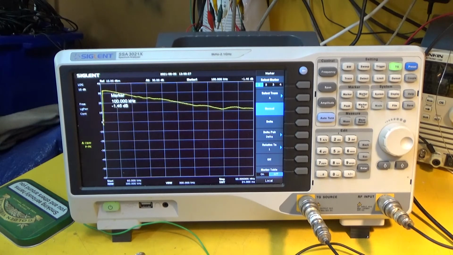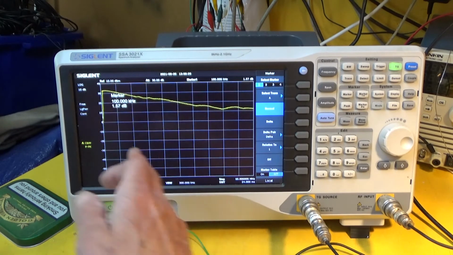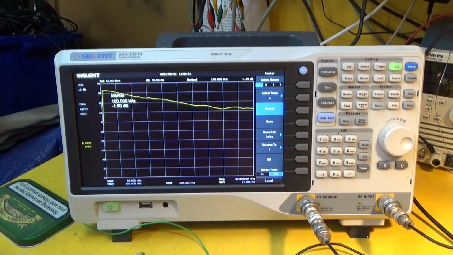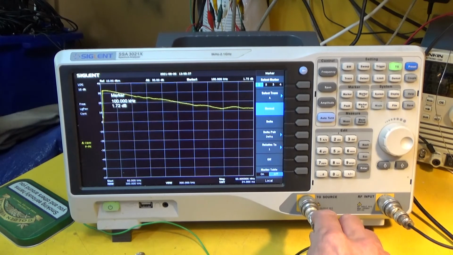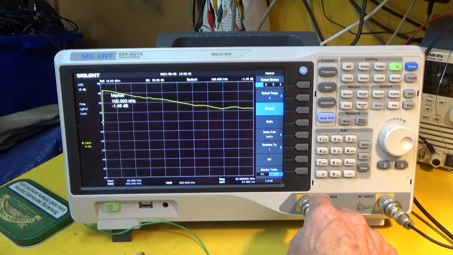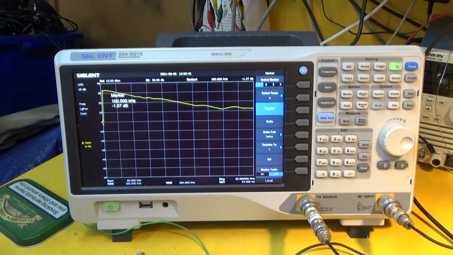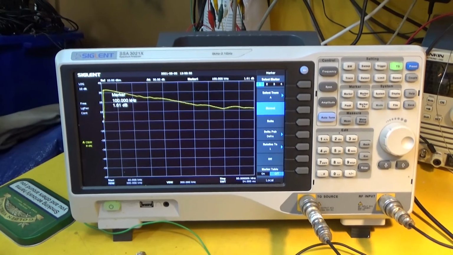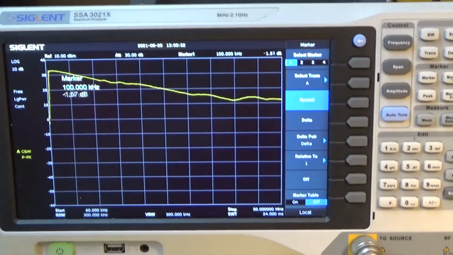So we've got basically a swept signal which tracks the spectrum analyzer, and I've had to put 10 dBs of extra attenuation in because the lowest I can get out of here is minus 20 dBm, so I've got minus 30 coming out, and I've normalized the whole system so that I can now measure the gain at various frequencies.